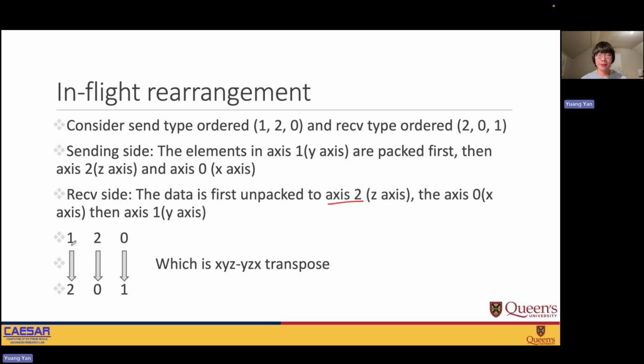The first axis refers to y, and the second axis refers to z. So YZ rearrangement is performed. For example, 2 maps to 0, z is mapped to x, and x is mapped to y, because there's 0 and 1 mapping. So therefore, the in-flight rearrangement is achieved.